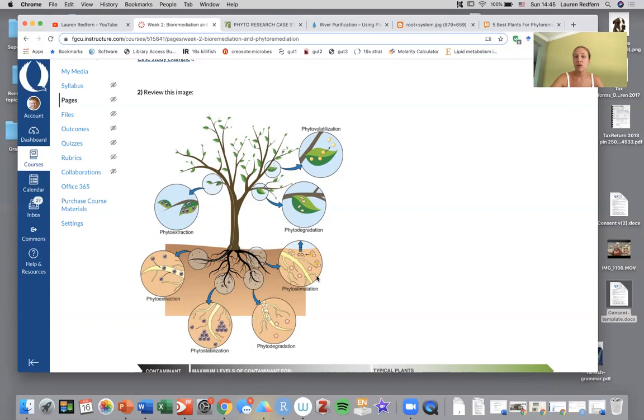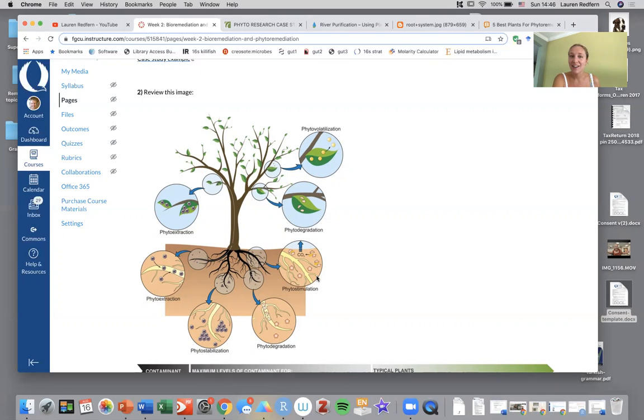So essentially, if you have a site that used to be a dry cleaner or used to be a gas station or used to be an area where there's a lot of chemicals, maybe some of you have seen Erin Brockovich or know about other heavily contaminated sites, we can go in and put in trees and they can interact with the chemical and help remediate the site, make it clean and available for use again.